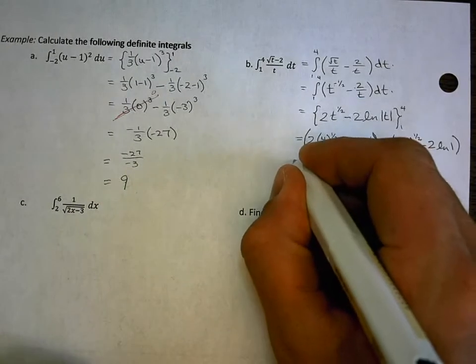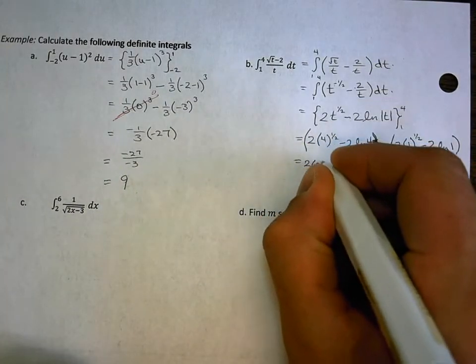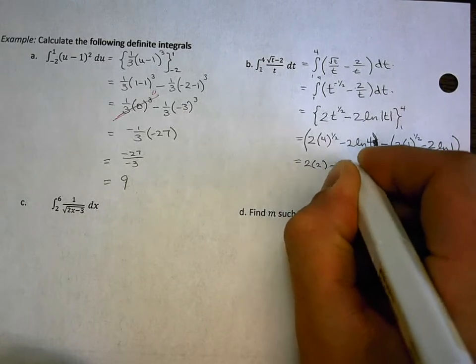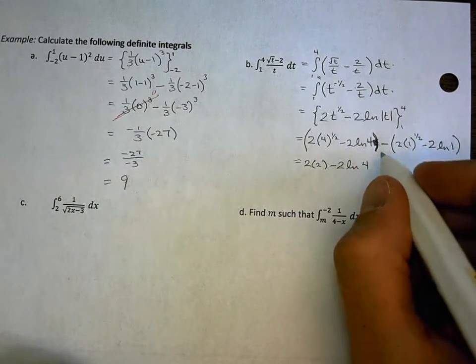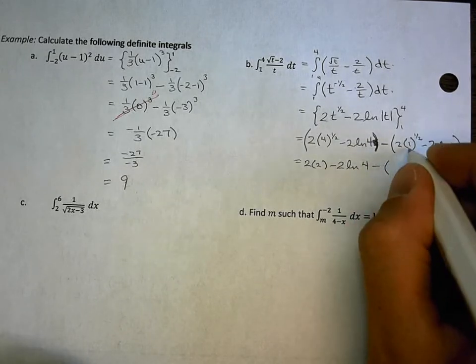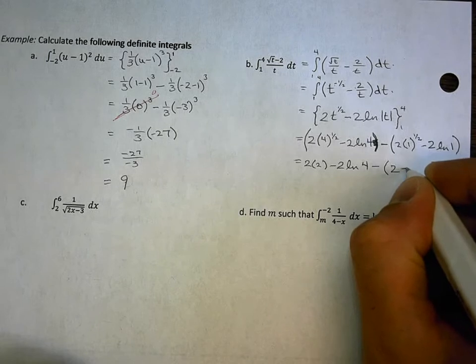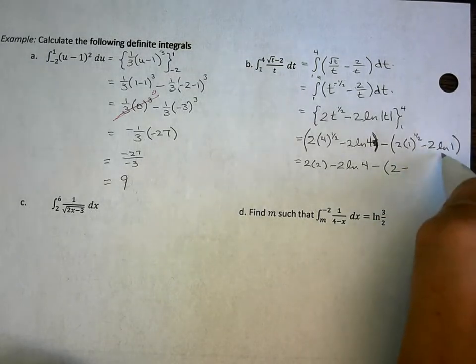Let's see if we can solve this. So first of all, square root of 4 is 2. So I have 2 times 2 minus 2 ln 4. And then let's keep this in brackets because there's negatives involved. So we have minus, okay, square root of 1 is 1. So we have 2 minus 2 ln 1. What's ln 1? Go, someone shout from the top of the school. What's ln 1?